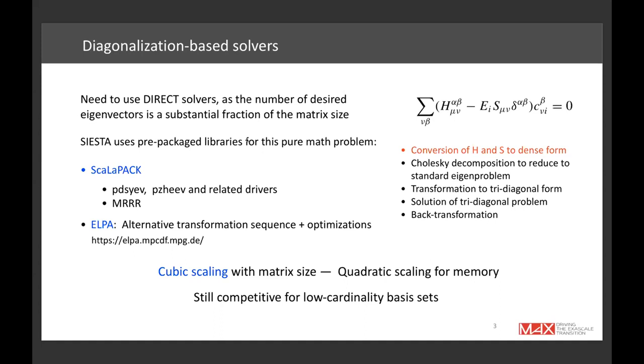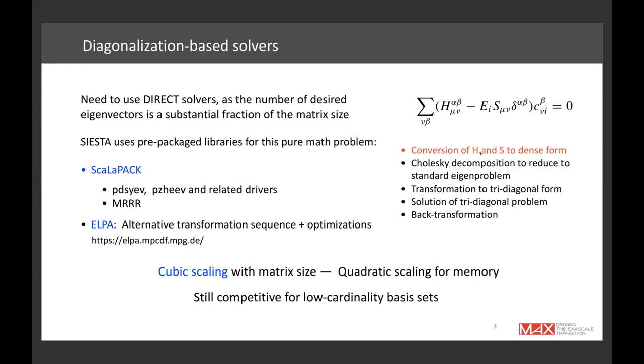Since in Siesta we have very few basis orbitals, the cardinality is low, the size of the matrix is not too much larger than the number of occupied states. So that forces us to use direct solvers, which are typically a sequence of steps.